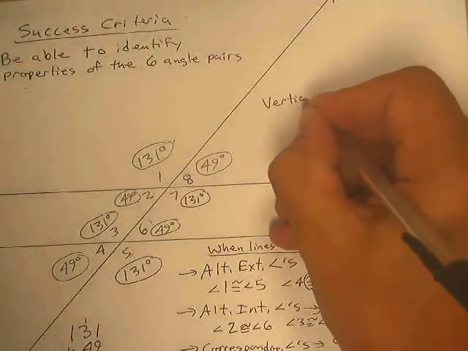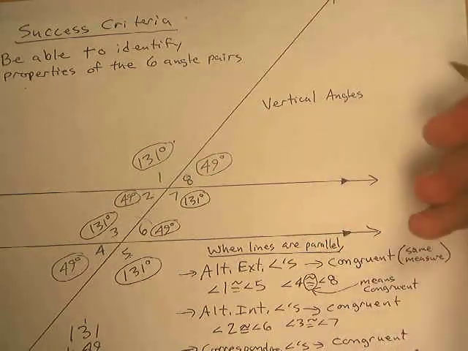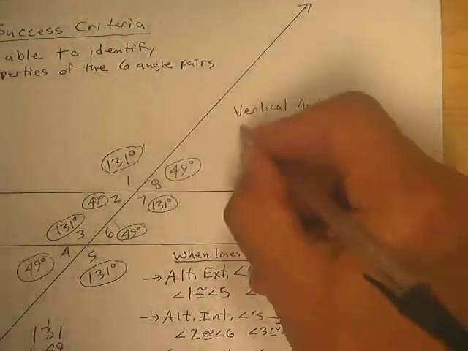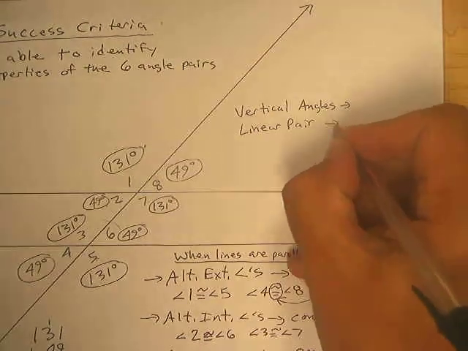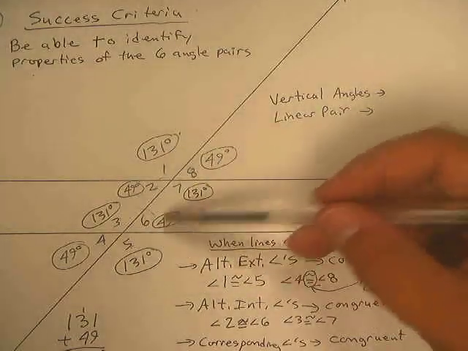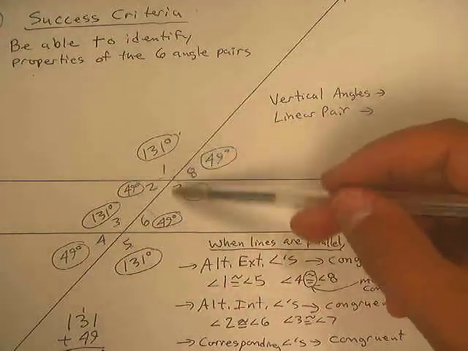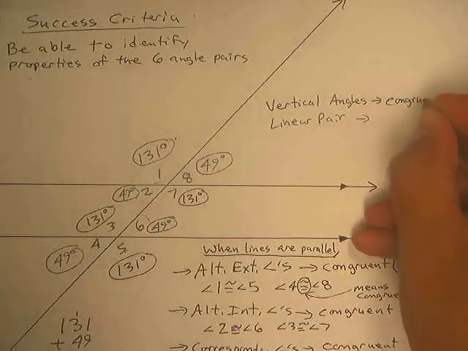All right, so we've done our success criteria. Let's go back to that: be able to identify properties of the 6 angle pairs. Well, we have properties of 4 of these. Now we have 2 more. We have vertical angles and a linear pair.